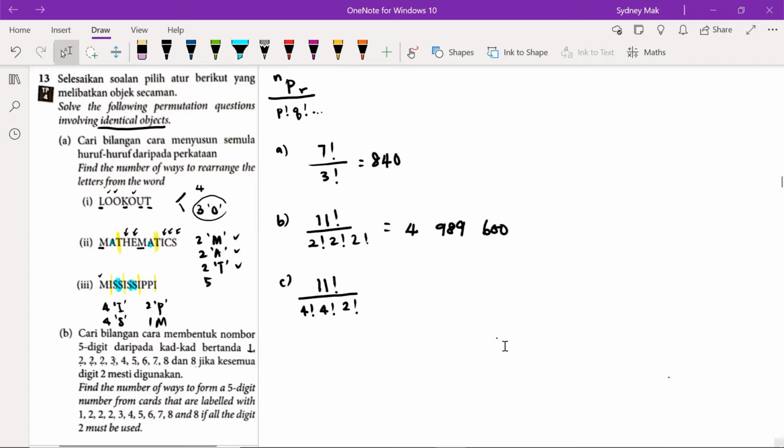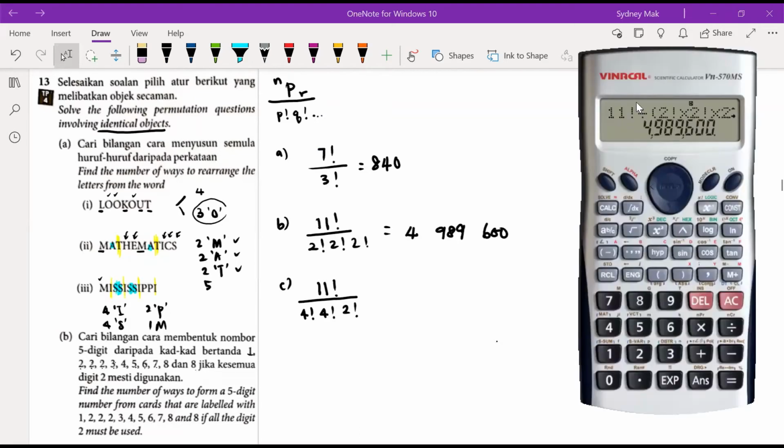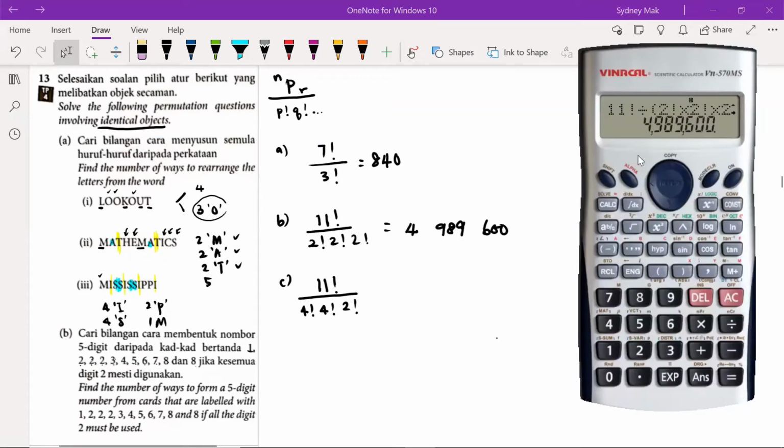So with that, let's use the calculator. Use the previous one, 11 factorial divided by 4 factorial, divided by another 4 factorial, and divided by another 2 factorial.